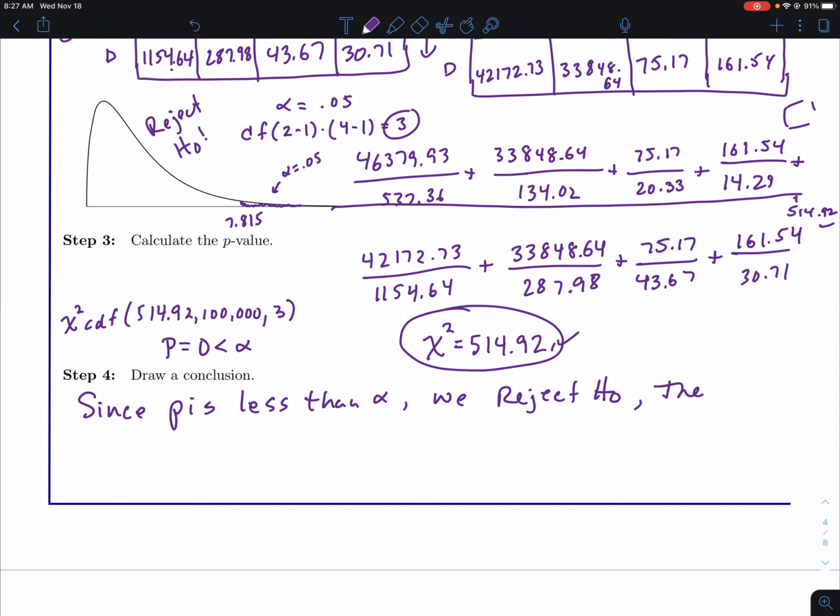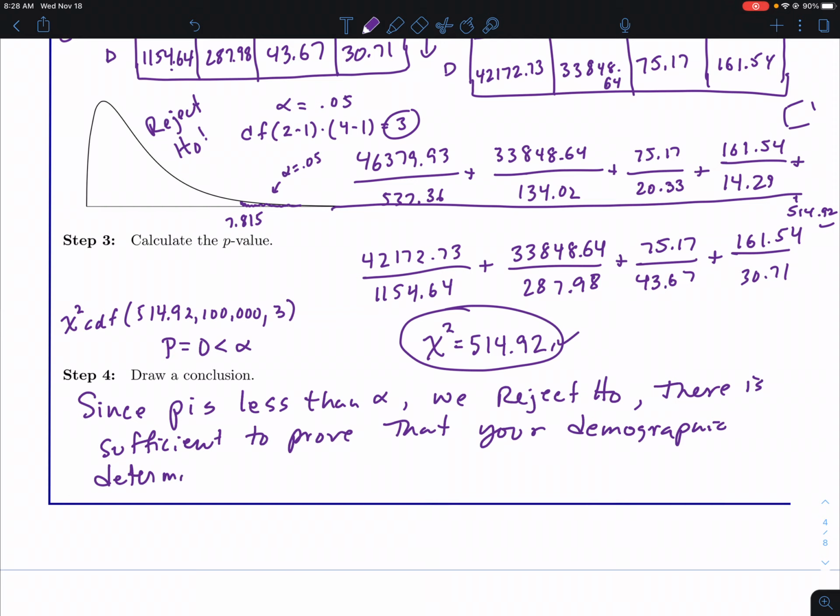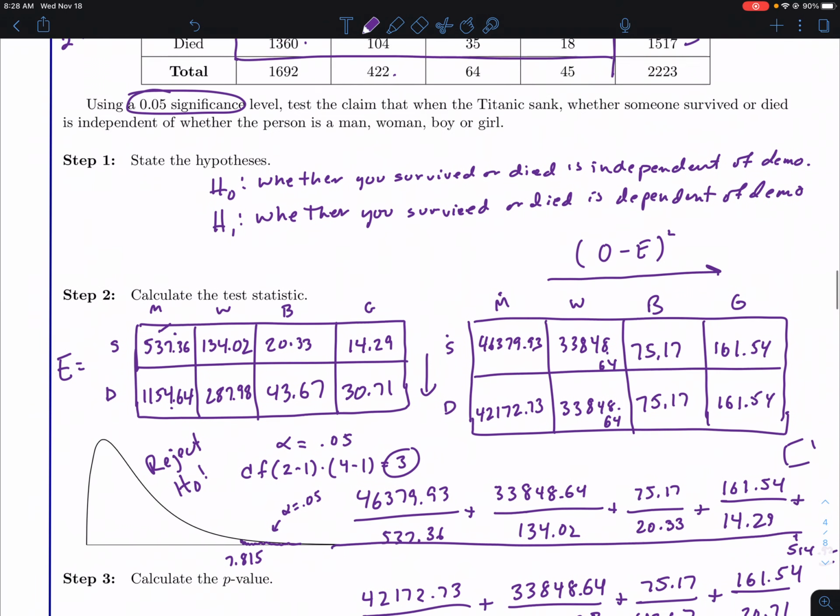So we can see there's sufficient evidence to prove that your demographic affects whether you survived or not.